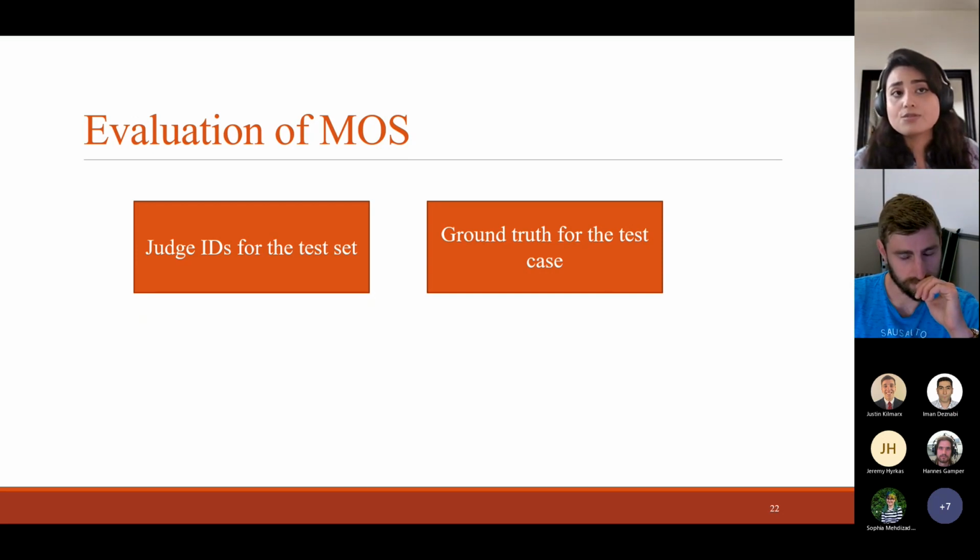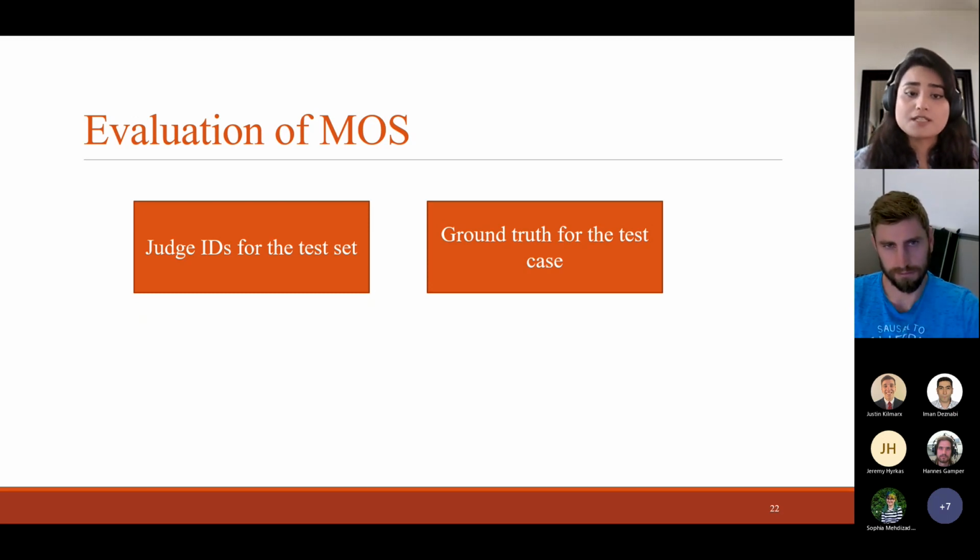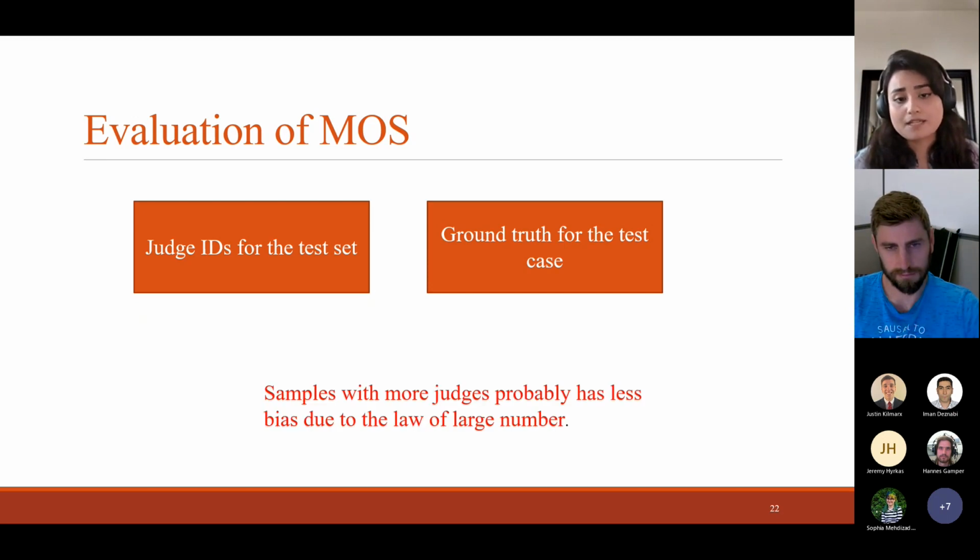We don't have the ground truths by definition because our evaluation is subjective. And having the judge IDs is not very practical. So for that purpose, we thought to evaluate our models using the samples that have more judges, assuming that those samples are less biased. This is the next thing that we are trying.